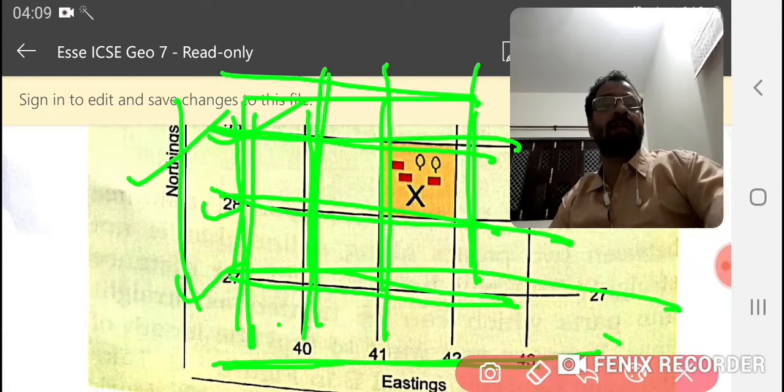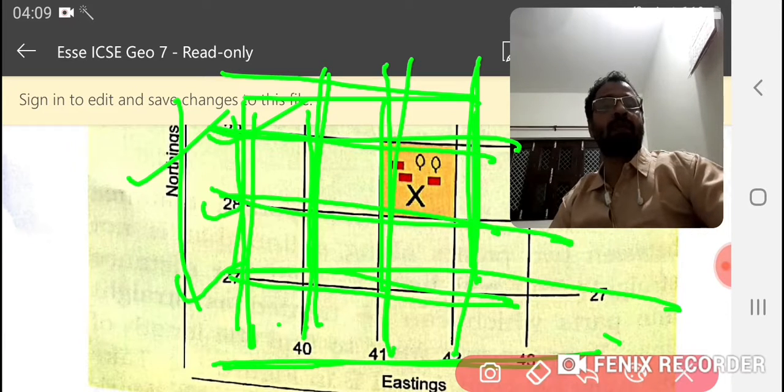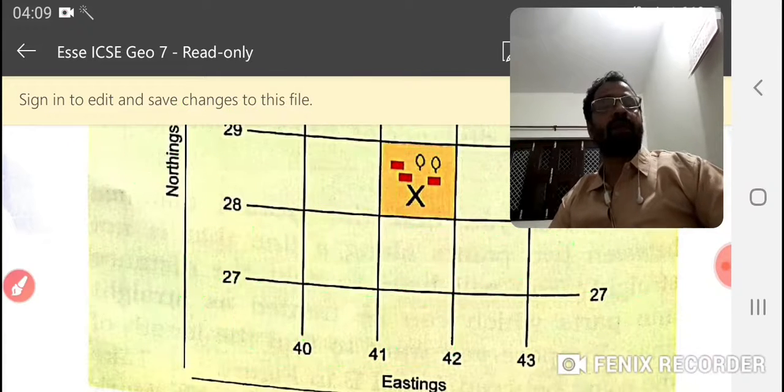One line here, then a little more to the eastern side, I mean right side, another number, that is again a little more east side, that is 42.